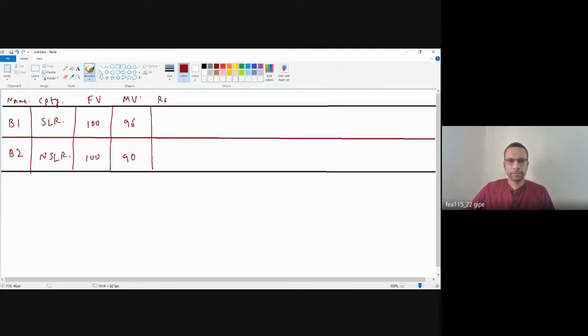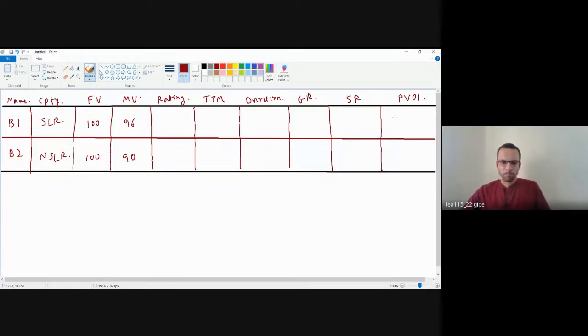Maybe PV01 if it adds value. So this is how you'll typically find a capital charge report inside any system, whether Calypso, Murex, SAS, whichever you have.